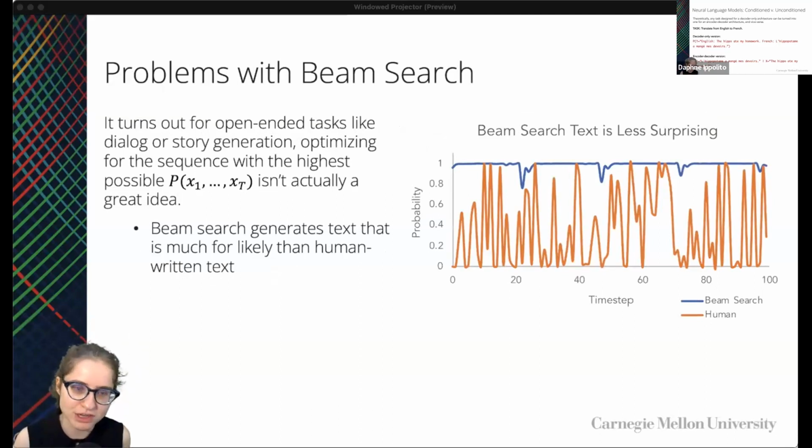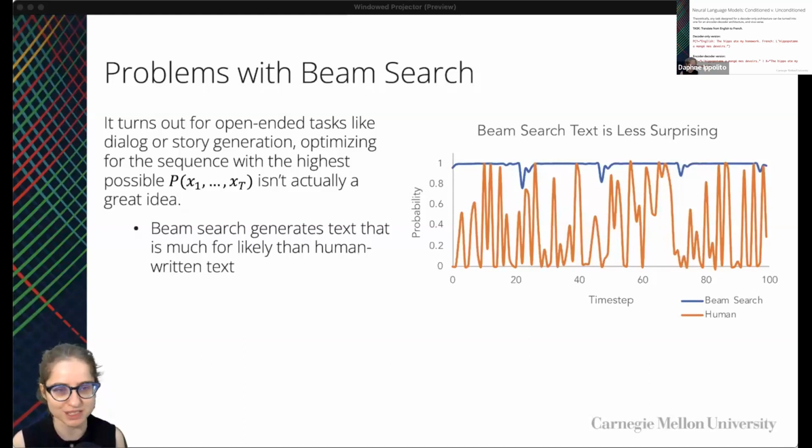So here's an interesting plot. I have 2 sequences here. The x-axis is the time step, which is just the position in the sequence. One is some text that was written by a human, and one is text that was generated using beam search. And you can see that when humans write things, they tend to alternate between saying things that are high likelihood and low likelihood. Sometimes what I'm saying is really surprising.